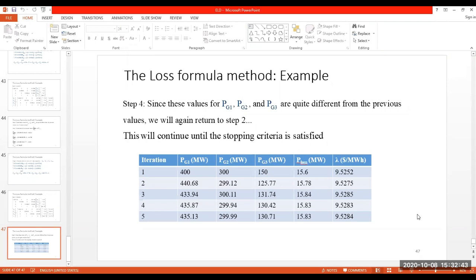So instead of using the loss formula method, the Lagrange multiplier method, or the KKT-based method, there are other ways to solve this. But these are the most classical ways to create your basic understanding for solving the economic load dispatch problem. These are only the basics, not the advanced level, because this is a basic level course. You can also go for different optimization techniques to solve these sorts of problems.